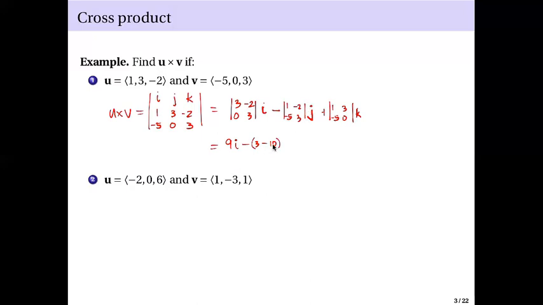So minus 10 in here, and then j. And then plus quantity, for this, you have 1 times 0, so that's just 0, and then you have negative 5 times 3, that's minus 15. So minus negative 15, and then you have your k.